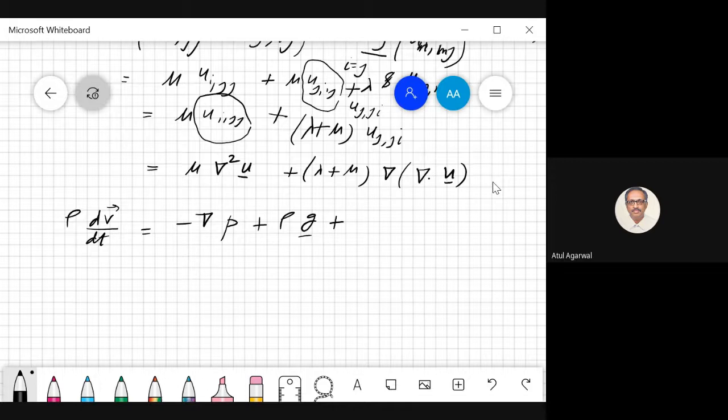This is the viscous force. U and V are same. Basically, whenever I'm putting a bar, it means it's a vector. I'm not talking of component. Component I'm replacing by u_i. So this becomes your equation of motion.